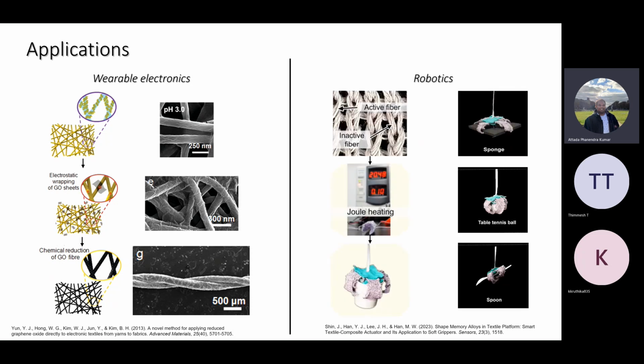And then the second is in the area of robotics. Here also they have used a textile composite. They have used a polymer-based, shape memory alloy-based textile composite to come up with a pick and drop kind of robotic arm, you can say.